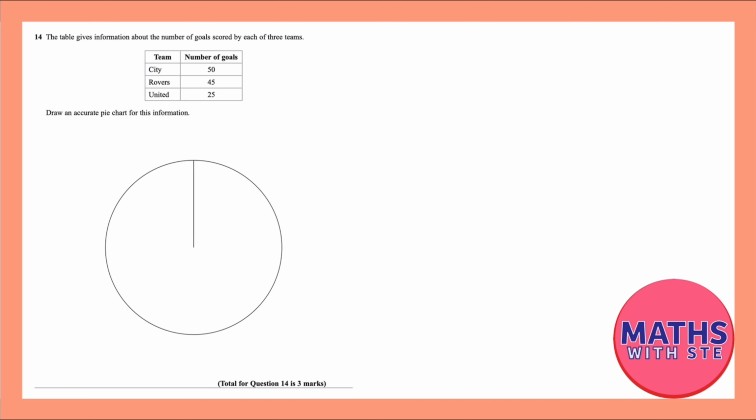So first off, what we need to think about is how many goals are scored altogether. If I just put all that together, it's going to be 50, add 45, add 25. Obviously, you can do this in a calculator. So that's going to be 120 goals altogether.